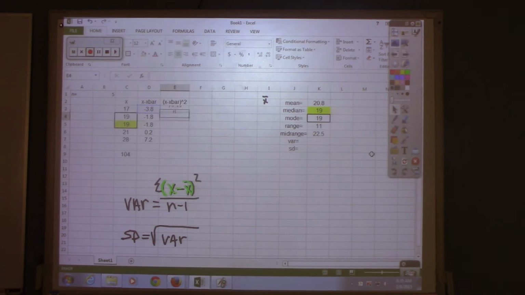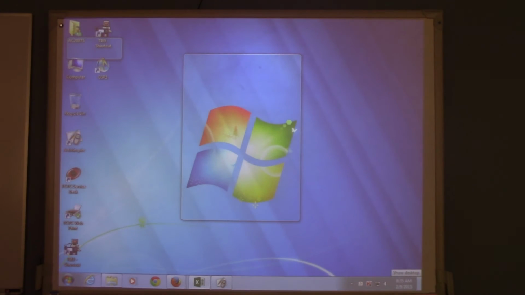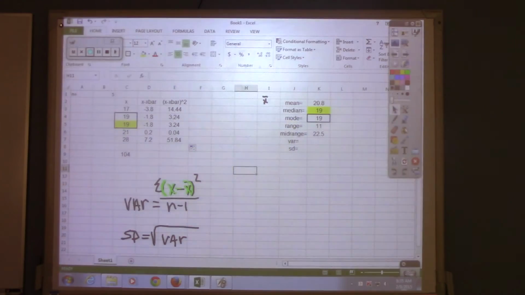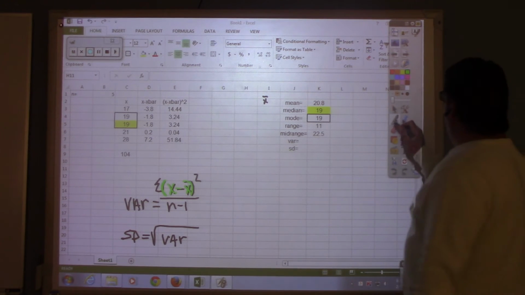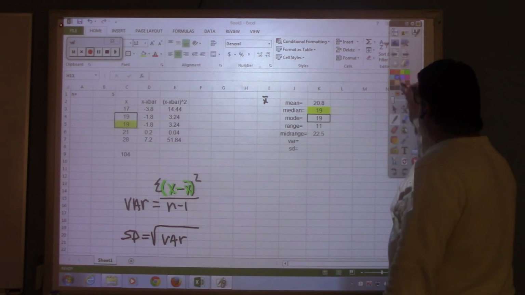Square it, and copy down. Check your numbers. And now, let's take a blue marker. We just squared it.